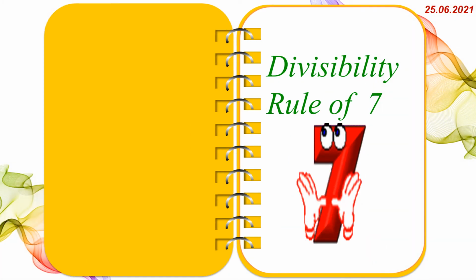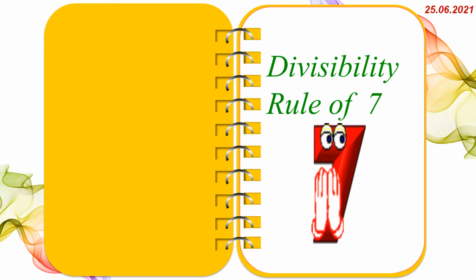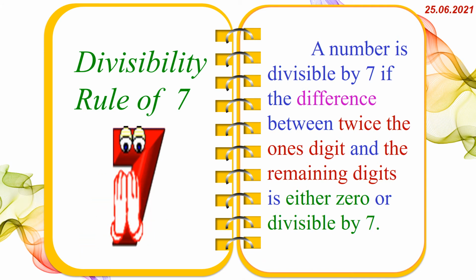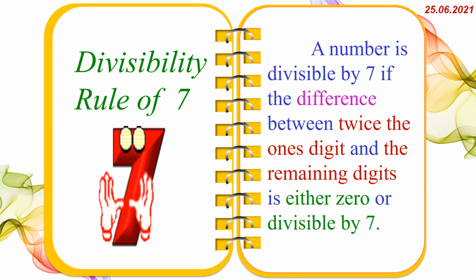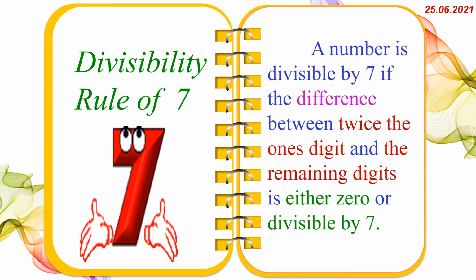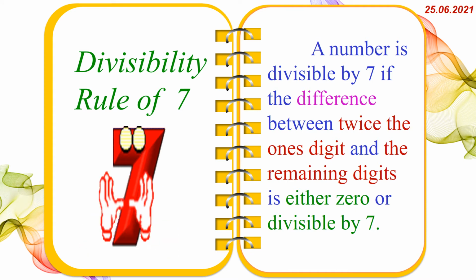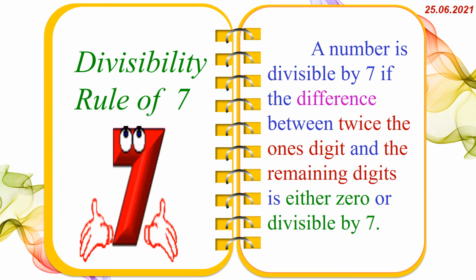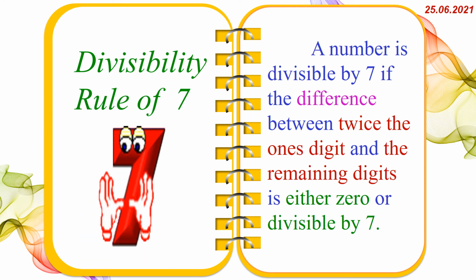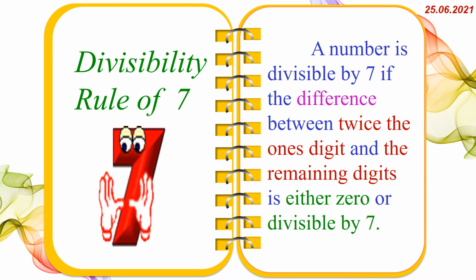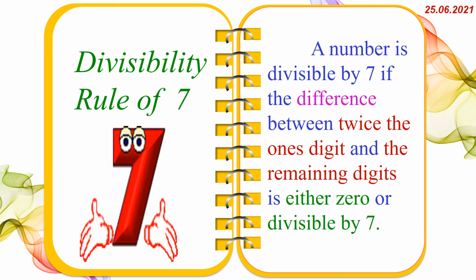Coming to the divisibility rule of 7. See children, it's a very important rule. See carefully. A number is divisible by 7 if the difference between twice the ones digit and the remaining digits is either 0 or divisible by 7.